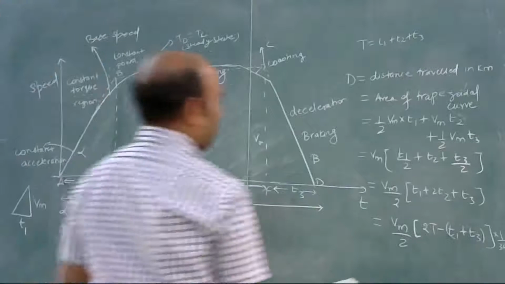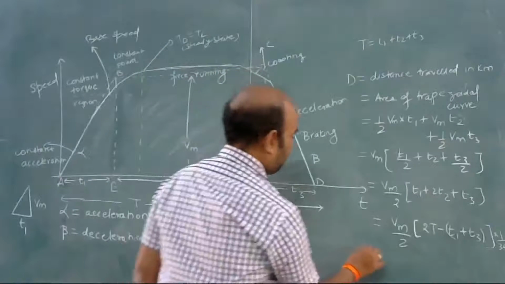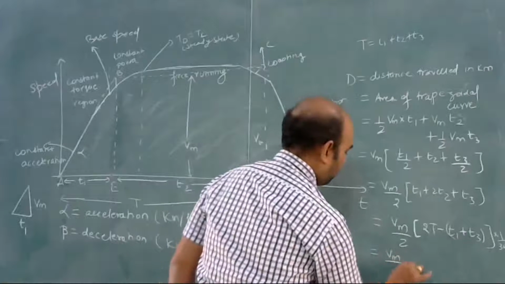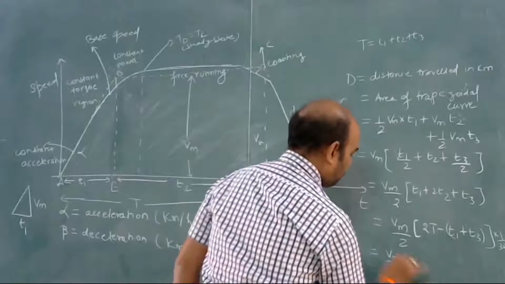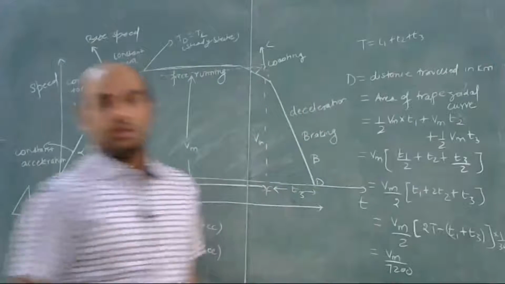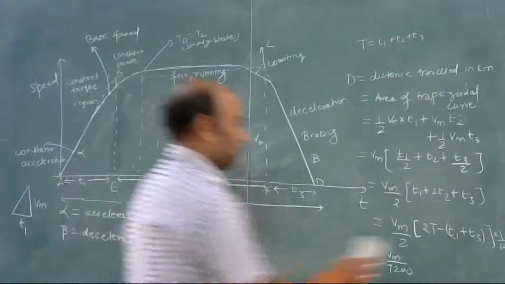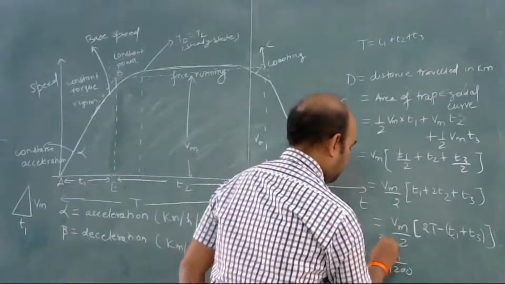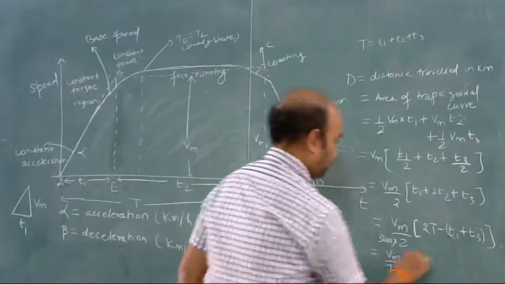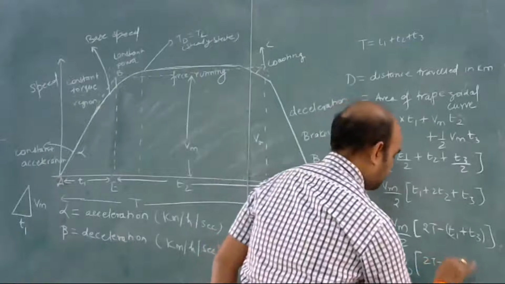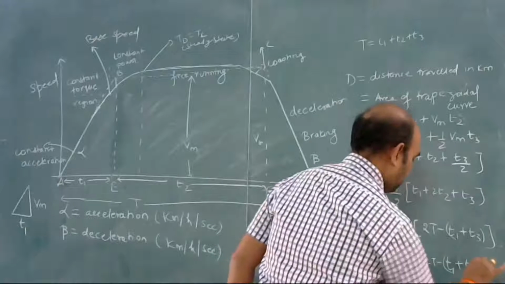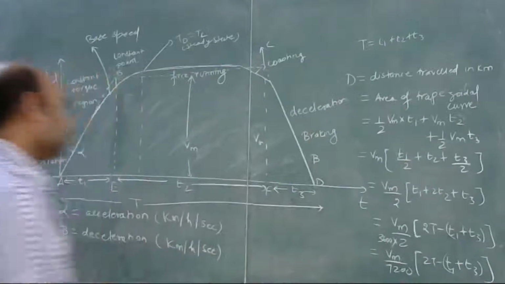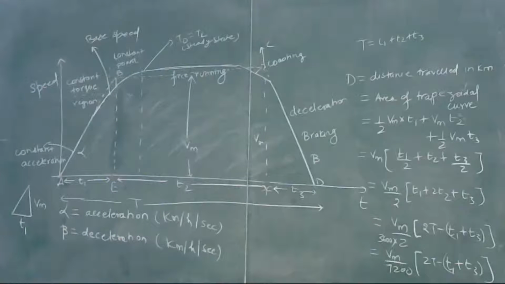So this will be equal to Vm upon 7200 multiplied by (2T minus T1 plus T3).